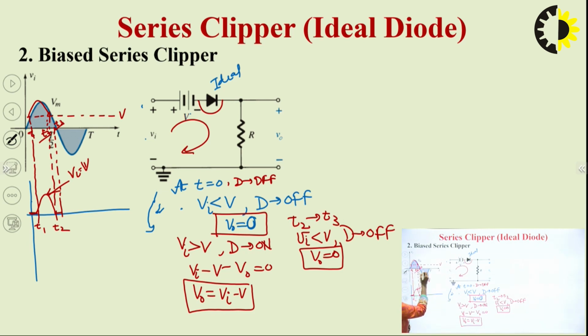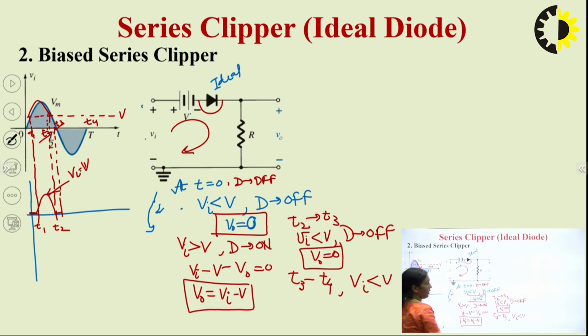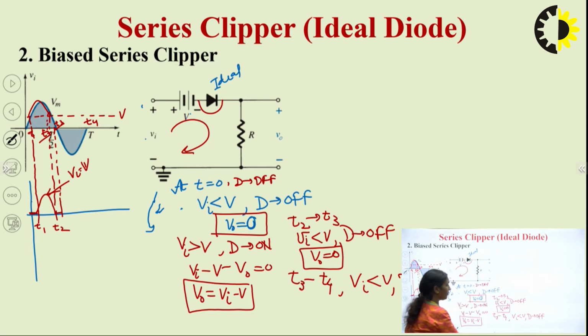So, now coming to the next half, the complete negative half cycle, that is T3 to T4. So, during the time period T3 to T4, again your Vi is less than V volt, and this will make your diode off, and if diode is off, your output will remain 0.